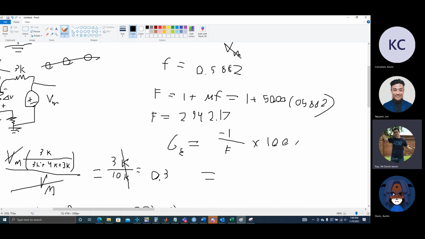So doing 1 divided by 2942.17, that gets us 0.000333989, or negative. And then we multiply it by 100. So that's going to get us negative 0.03. Let me make this period a bit bigger. 0.3399%.